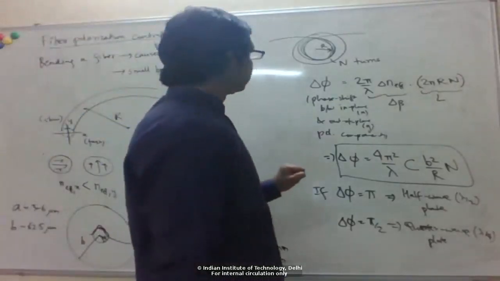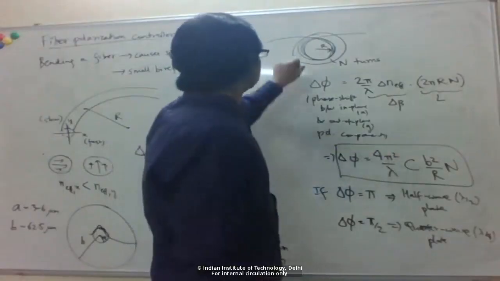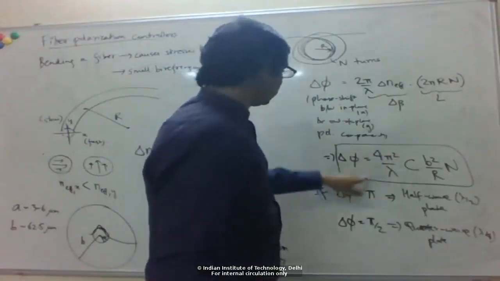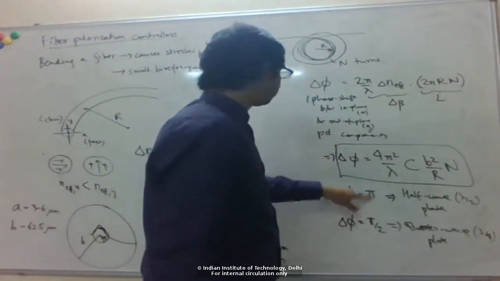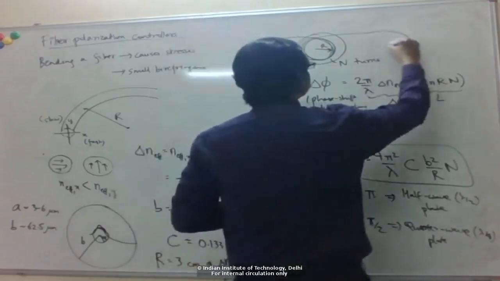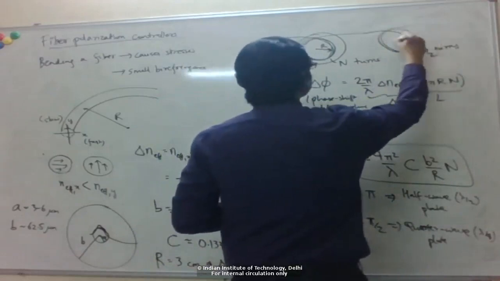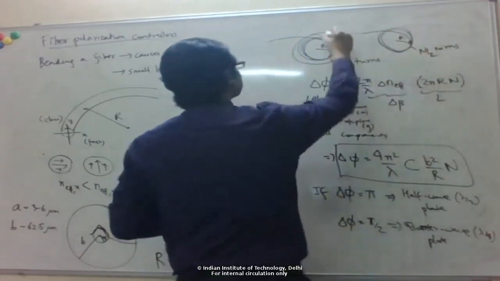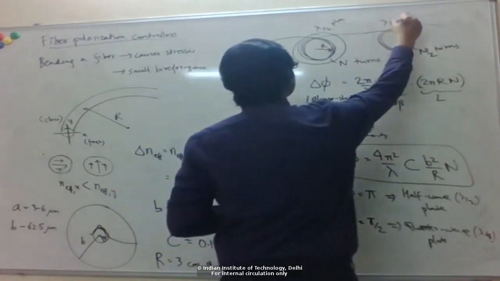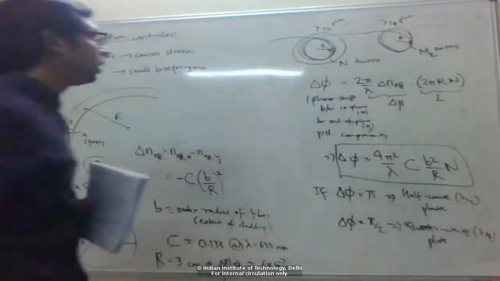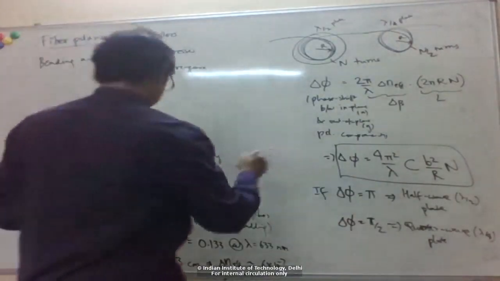So for example, you choose the parameters and use n turns to get pi. Then you could have another section which has n by 2 turns with the same parameters. The first will act as a half wave plate, and this will act as a quarter wave plate. Again, we can look at some numbers here.